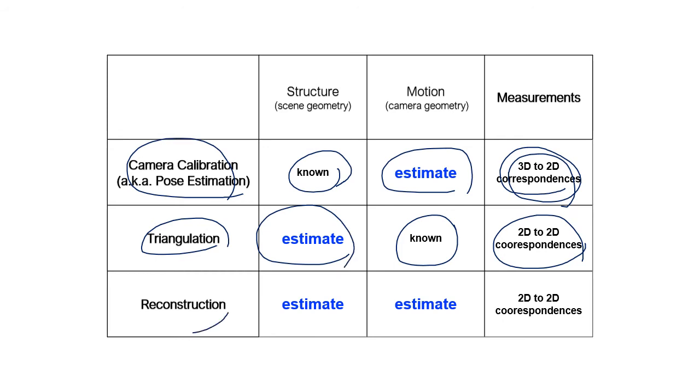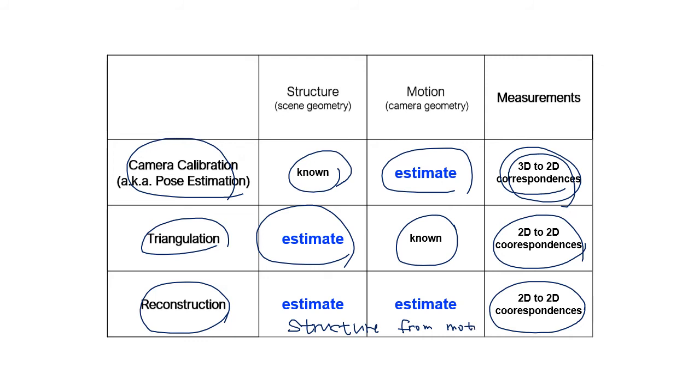And the 3D reconstruction, we call 3D reconstruction. It is also based on 2D to 2D correspondences, but there is no known thing of motion and structure. So we estimate structure as well as motion. So in other words, this 3D reconstruction is structure from motion. Maybe you hear this word.